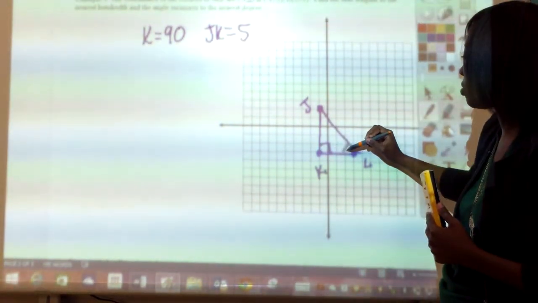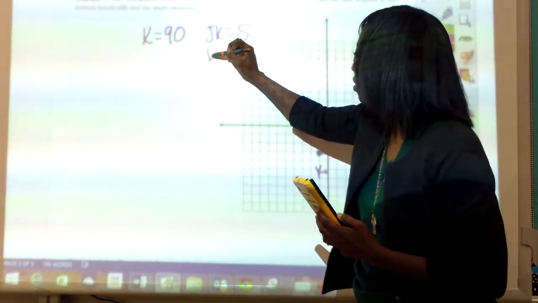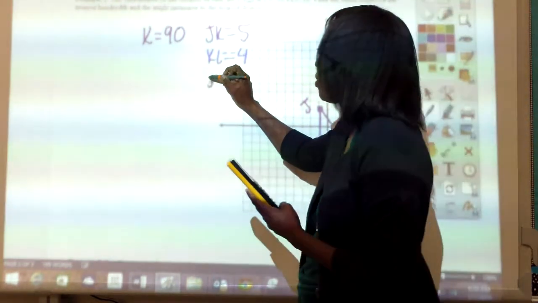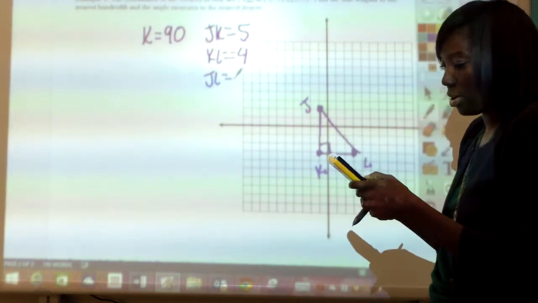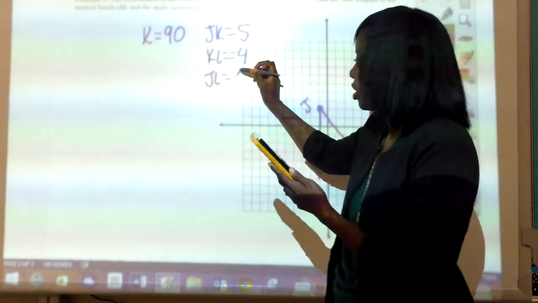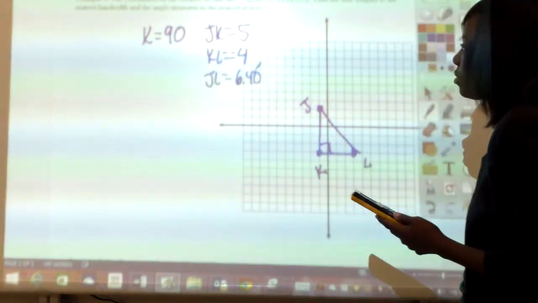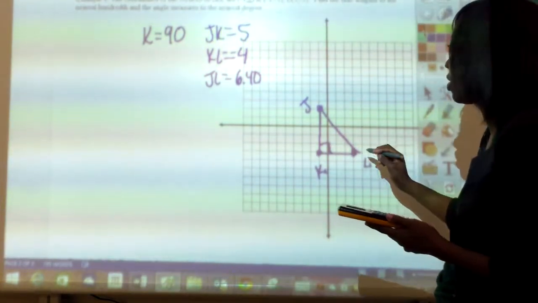KL is 1, 2, 3, 4 units. And I'm going to use Pythagorean theorem to figure out JL. So 5 squared plus 4 squared is square root of 41, which is approximately 6.4. Now I've got to find the angle measurement, so this is when we have to use tan inverse.